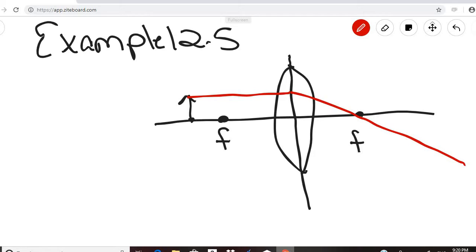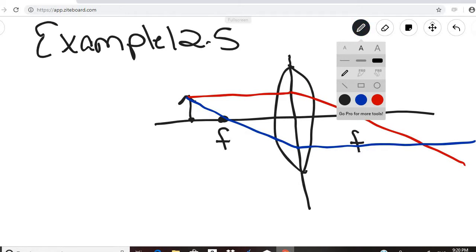And then the second one, we'll draw this one in blue, if it goes through the focal point, so it's going to go through the focal point until it hits the center of the lens, and then it will exit horizontally.